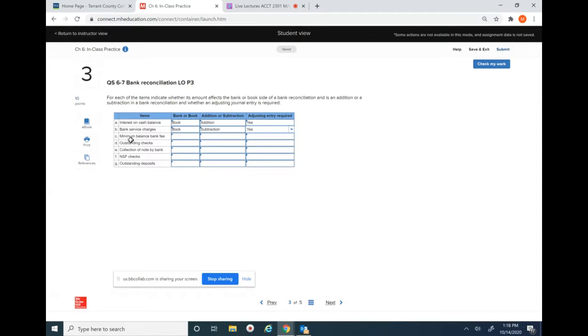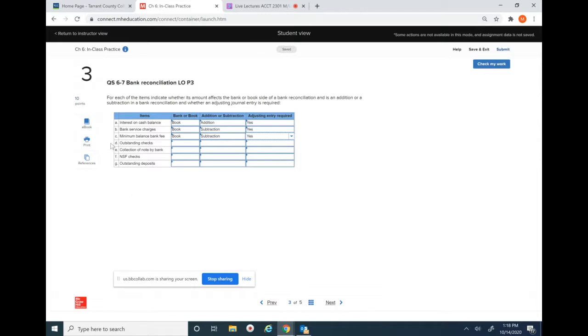Minimum balance bank fee. Again, this will be reported on the bank statement, so we don't need to adjust the bank side of the bank reconciliation. We need to adjust the books. Because this is decreasing the balance, we have to subtract it. And yes, prepare a journal entry to record it.